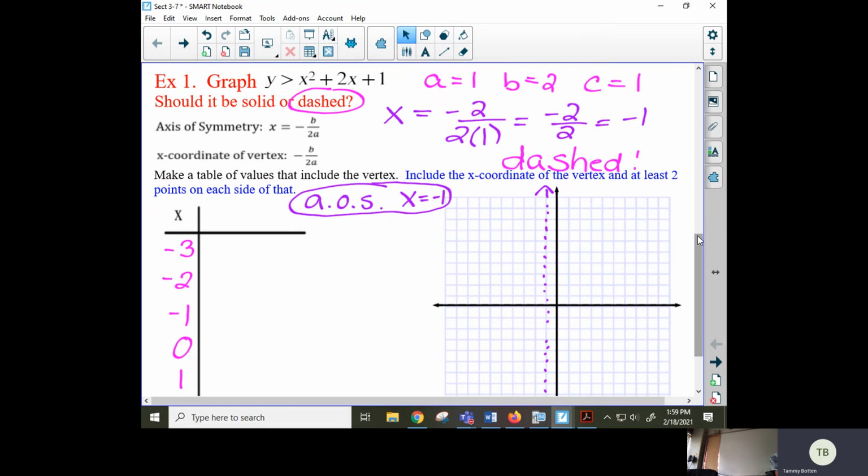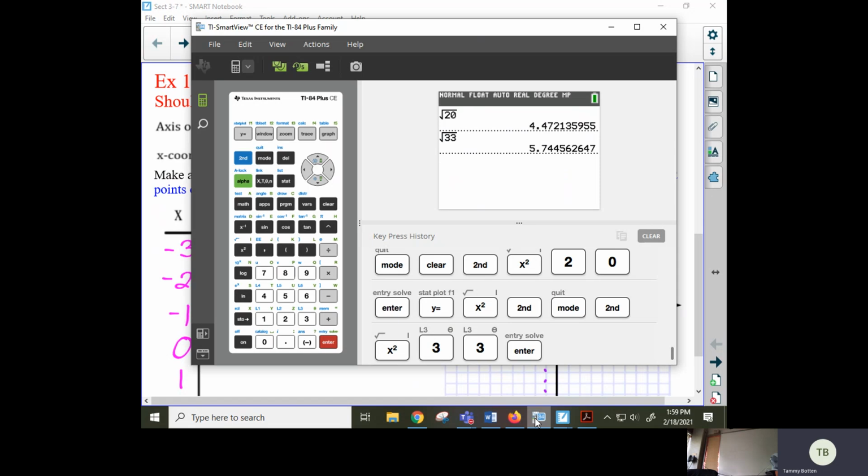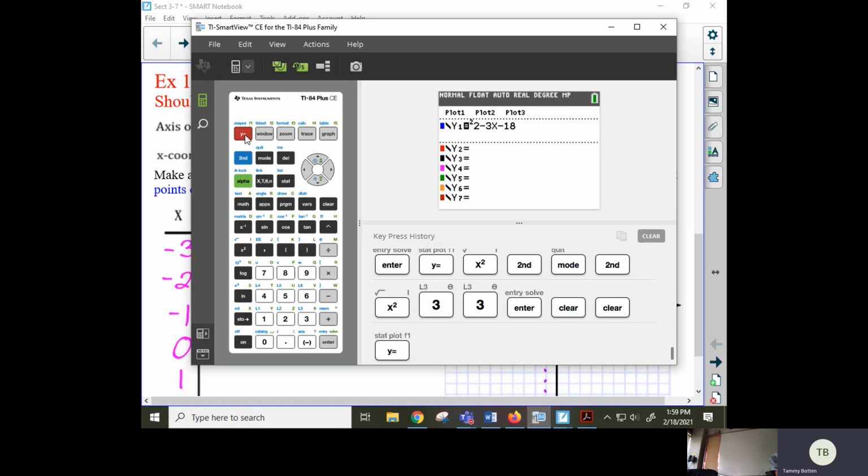So here's what we're going to do. We're going to open up our calculator. So if you guys want to grab yours, we're going to go to y equals, and we're going to graph that equation. Okay.